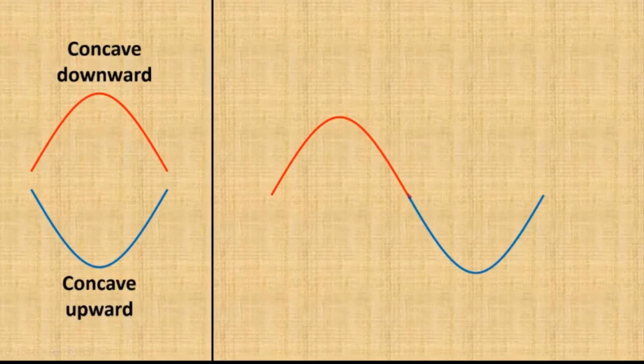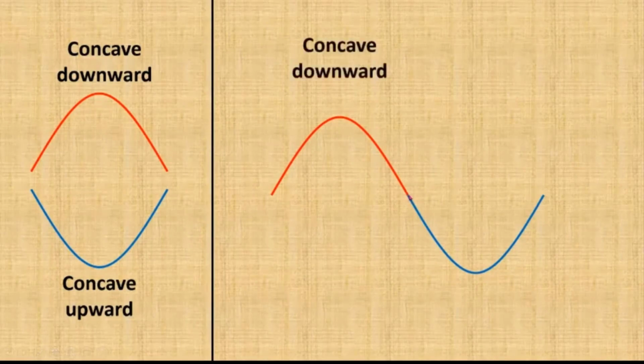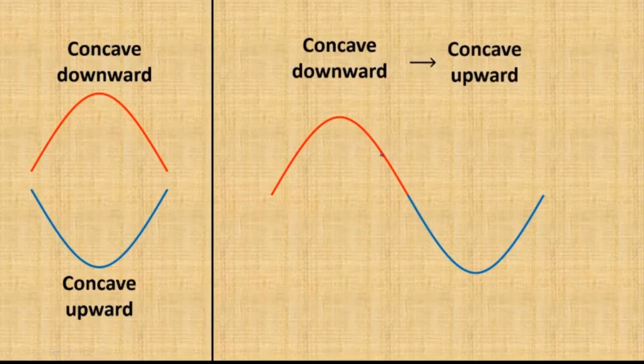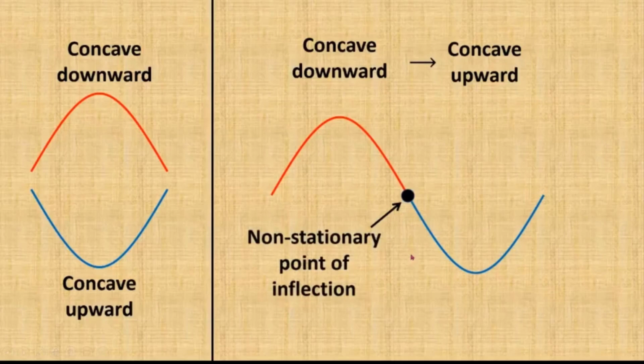Then at this point, the graph changes and becomes concave upward. So the graph changes from concave downward to concave upward. Here is the point of connection between downward and upward. So this is the point of inflection.